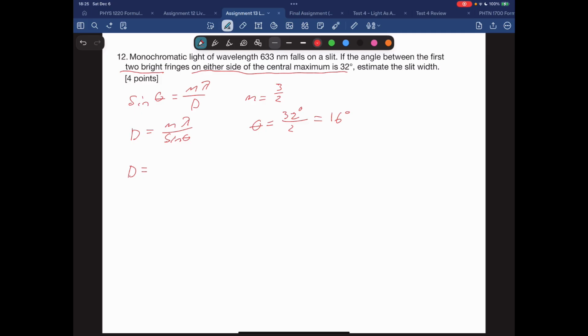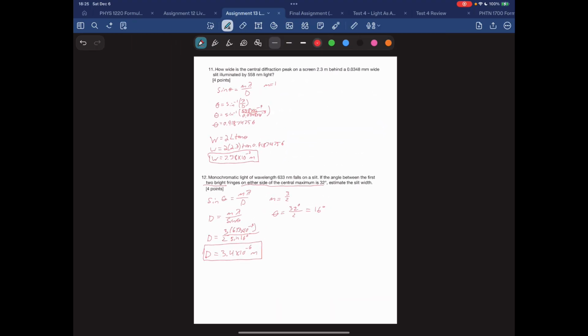So plugging in all my numbers, I get 3 over 2 for my m. My wavelength is 633 times 10 to the negative 9 meters over the sine of 16 degrees. This gives me a slit width, capital D, of 3.4 times 10 to the negative 6 meters. So that is my answer for question 12 here.